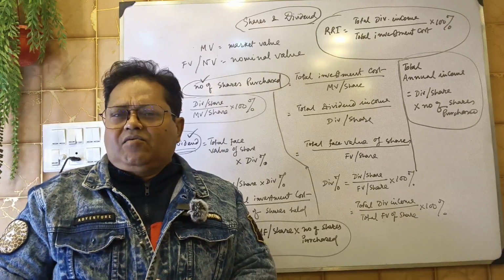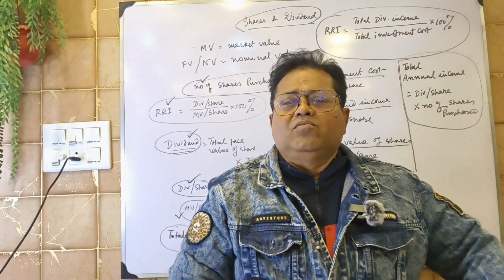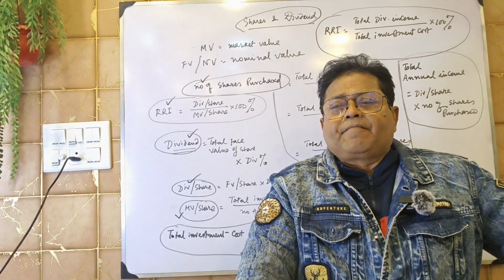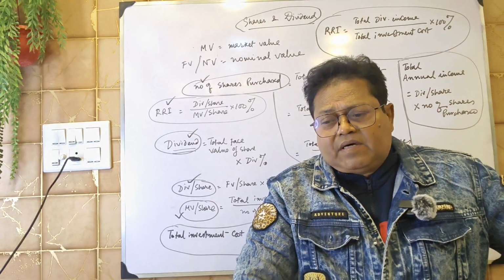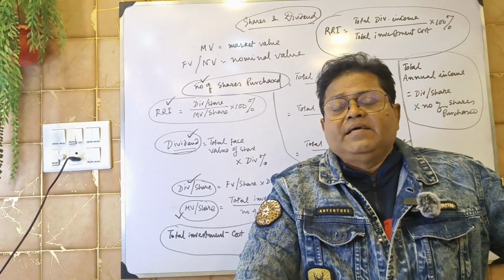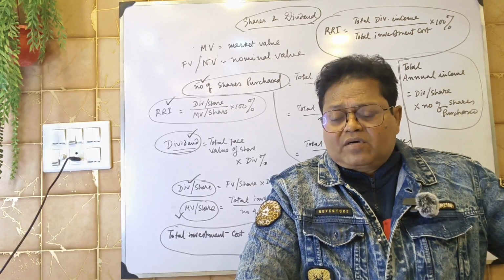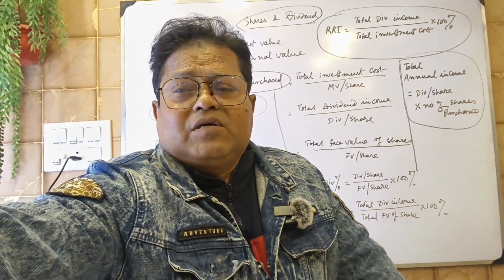You will see how shares are sold, at which price, and how shares will be purchased back and issued to a new company. This type of questions are very important. Next time I will come with these type of problems.